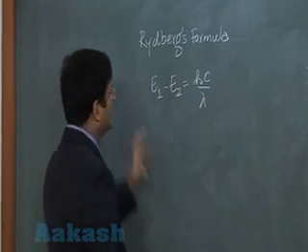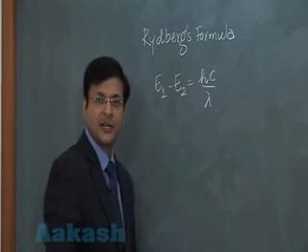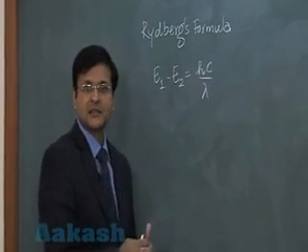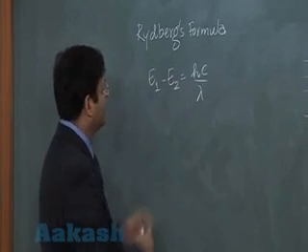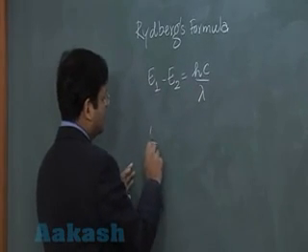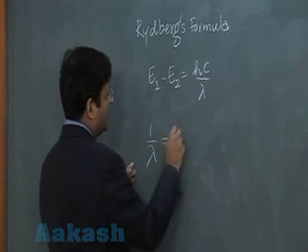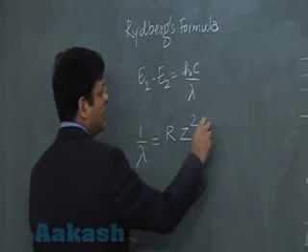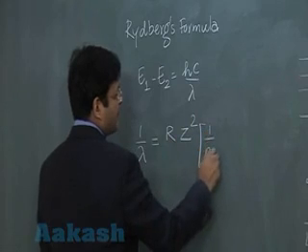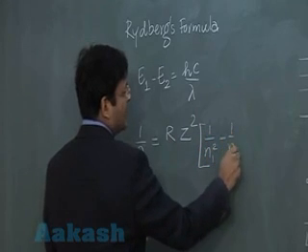Now you have already derived the expression for E1 and E2, that is say minus 13.6 Z square by n square. So here if you do the manipulation, then you will be getting some constant, Z square into 1 by n1 square minus 1 by n2 square.